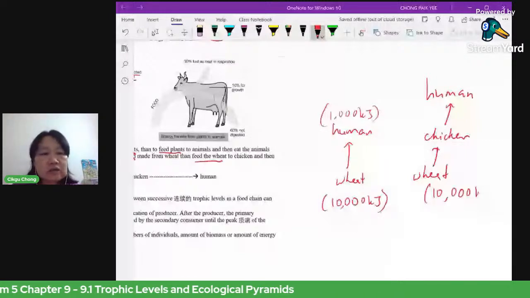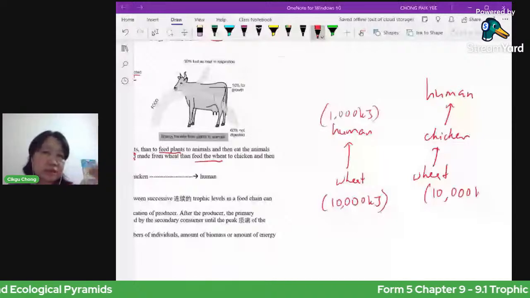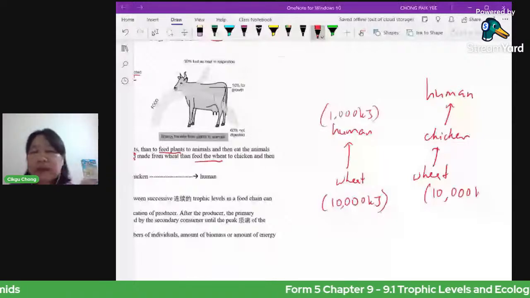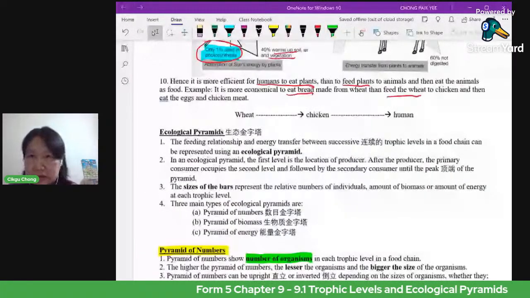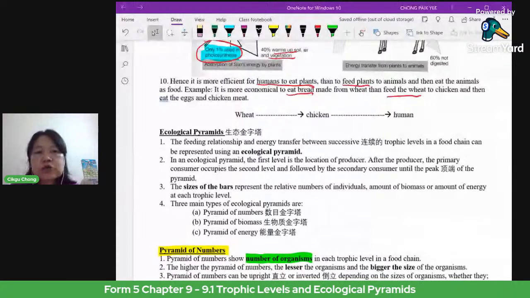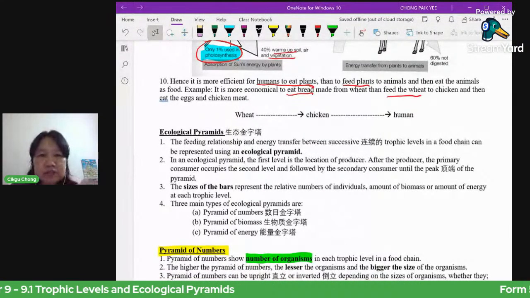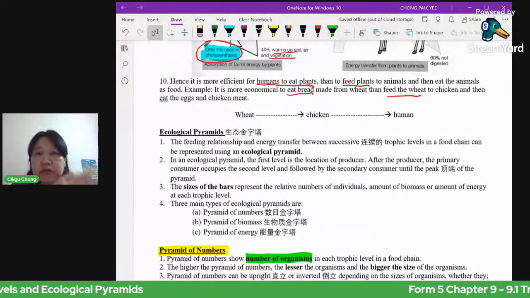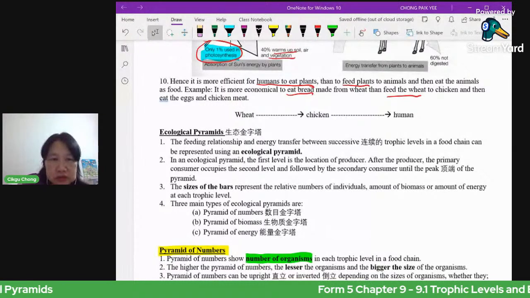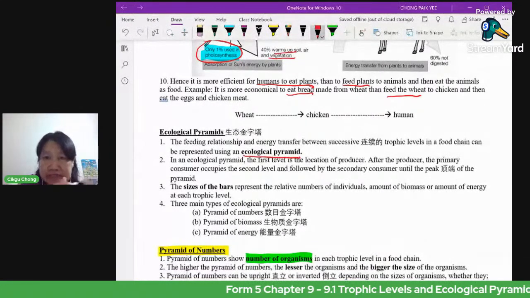Okay. Now let's go on to the types of pyramids. So this is a little bit something new for you. The pyramid of numbers, I think you're okay, because you learned it before. Now, how do you represent the feeding relationship between the trophic levels? We use ecological pyramids to represent it.